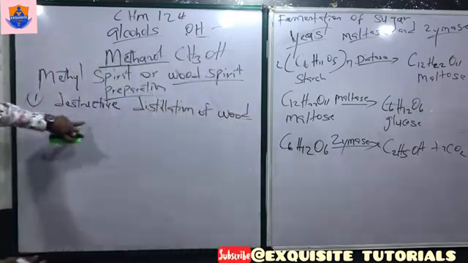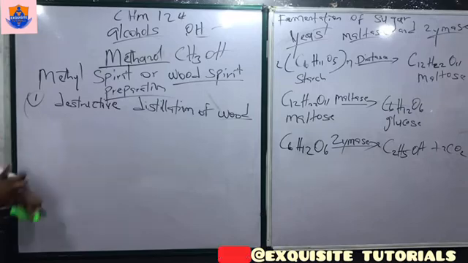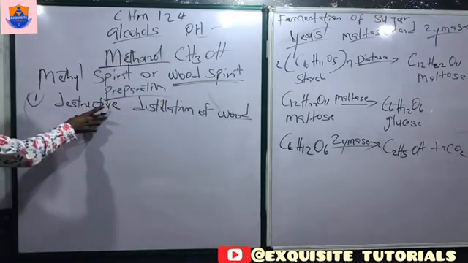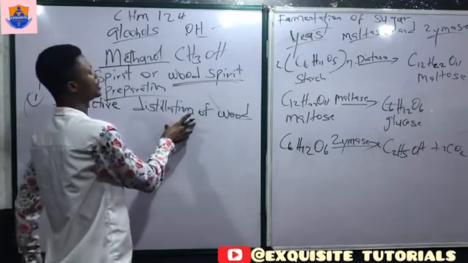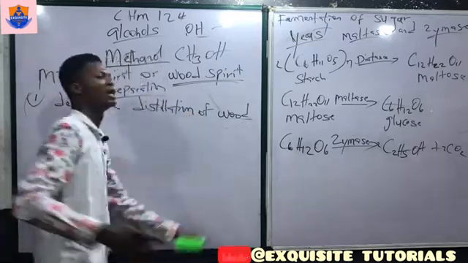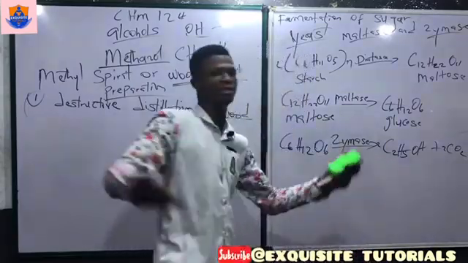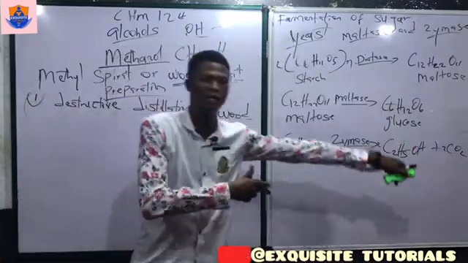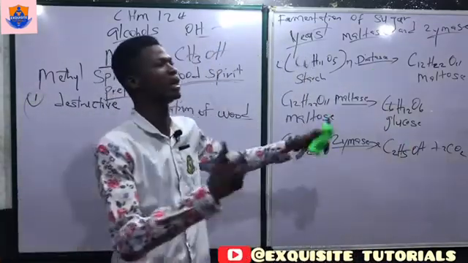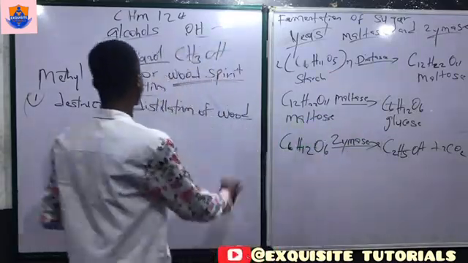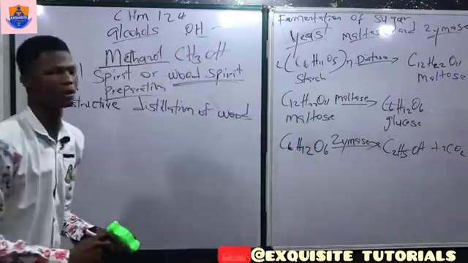That is why methanol is known as wood spirit. Another way methanol can be gotten is by the reaction between hydrogen and carbon monoxide in the presence of chromium trioxide or zinc to give methanol.